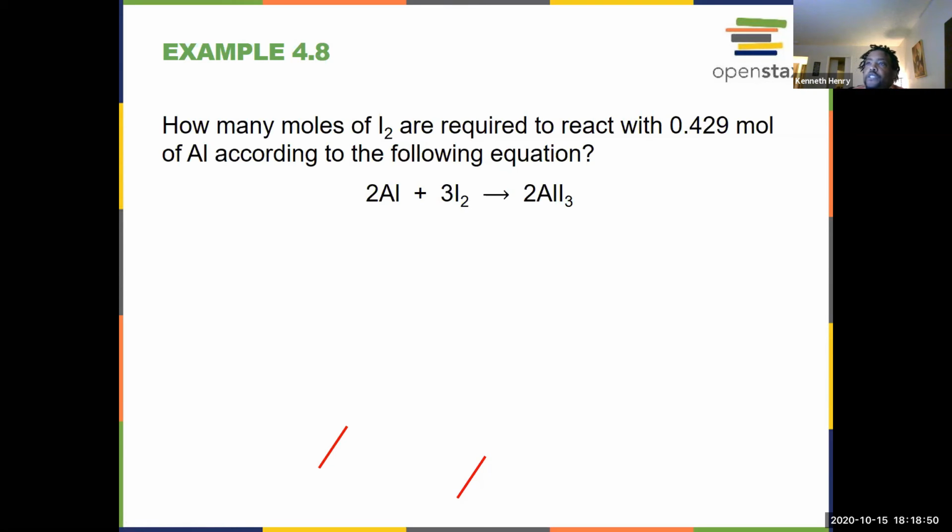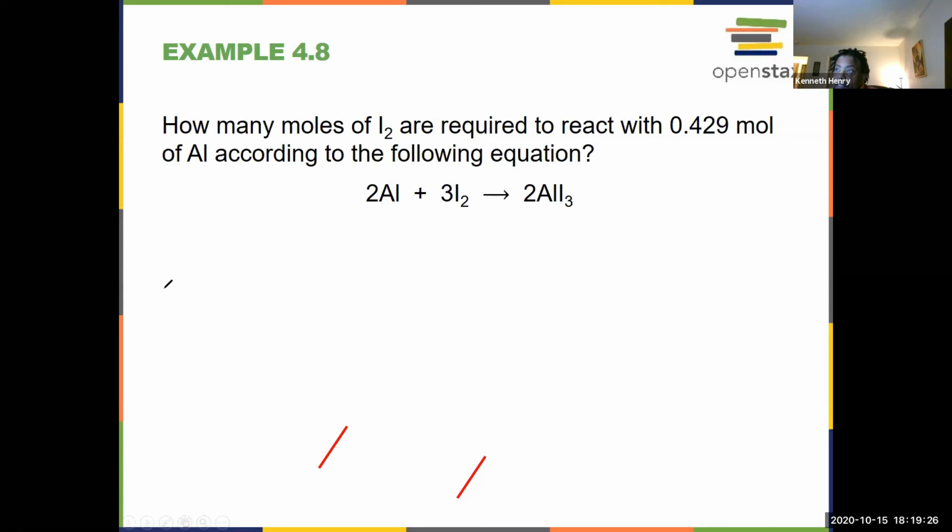So here's the first question. How many moles of I2 are required to react with 0.429 moles of aluminum, according to the following equation? Okay, so what is my given? Moles of aluminum.